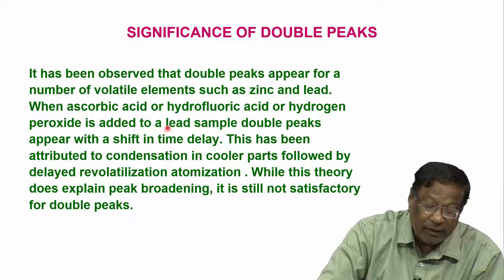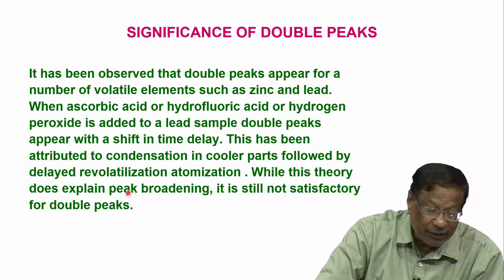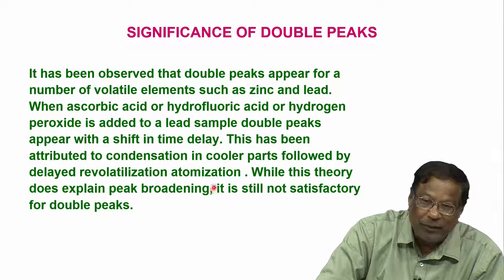So, this effect has been attributed to condensation in the cooler parts of the graphite tube. So, to avoid this, go for STPF, that is stabilized temperature platform concept. So, while this theory does explain the peak broadening, quite often it leads to peak broadening.